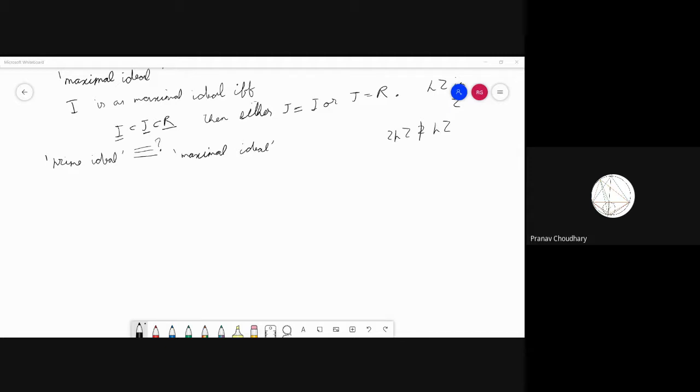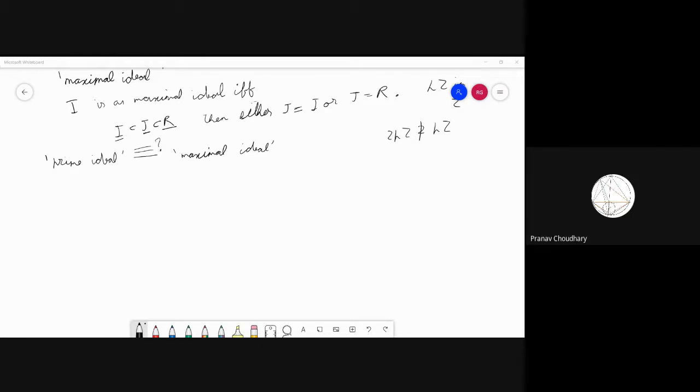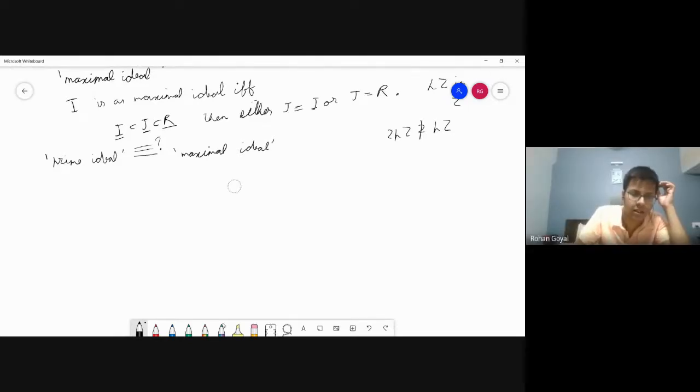Oh, I was taking it as 1, 2, 3, 4, 5, 6. Can we define Z by mZ as 1, 2, 3, 4, and so on till m? Like taking, I mean, it does not make sense, right? m and 0 are the same.